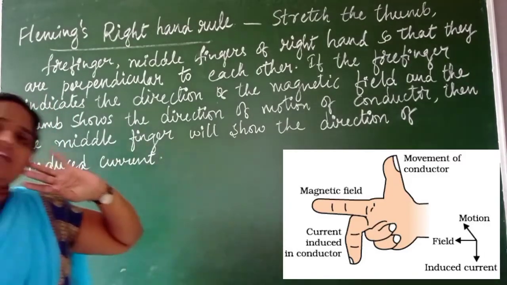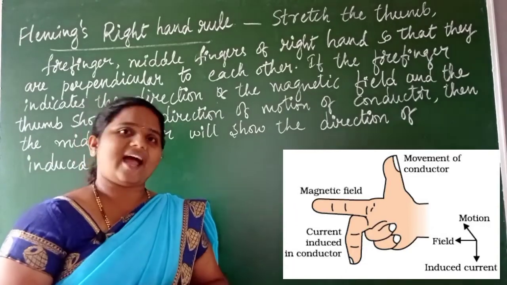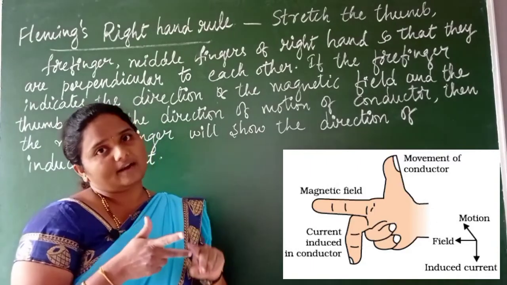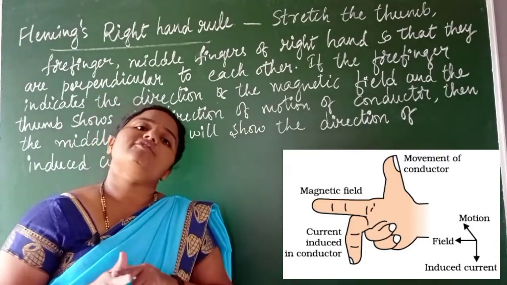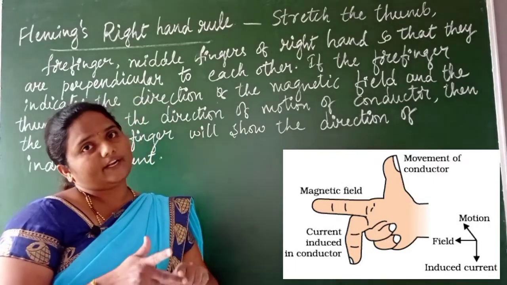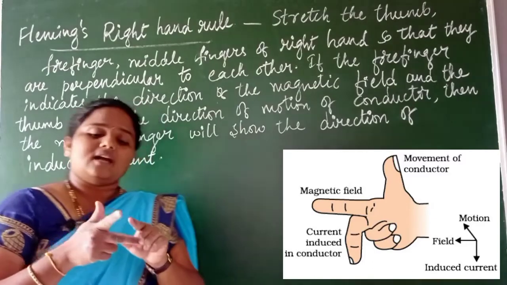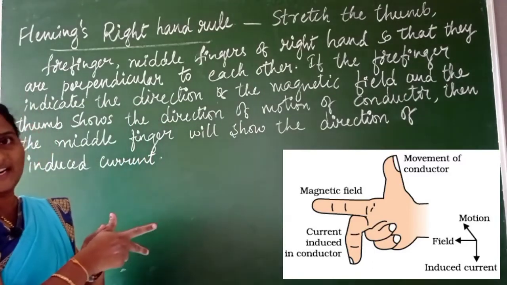When we stretch the first three fingers of our right hand, that is, the thumb, forefinger and middle finger, such that each one of them is perpendicular to each other, the thumb gives the direction of motion of the conductor, children.